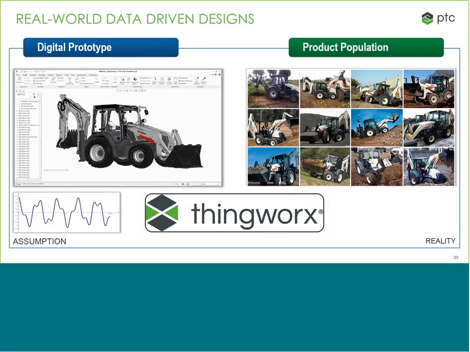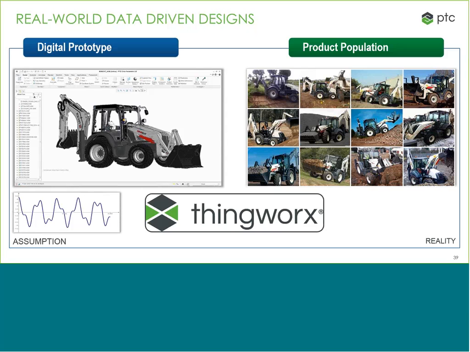The example might be that this front-end loader was designed to lift maybe 5 tons. What we might find out across this whole product population is that none of these front-end loaders have lifted more than 2 tons, at which point I can go back and reassess my design. Do I need this thing capable of lifting 5 tons if nobody's lifting more than 2?